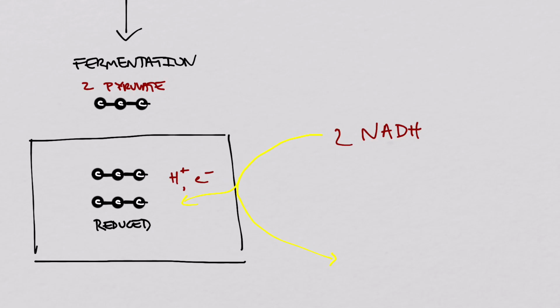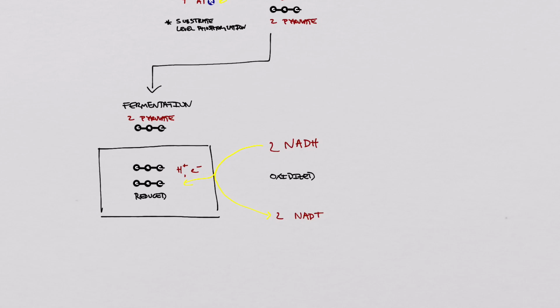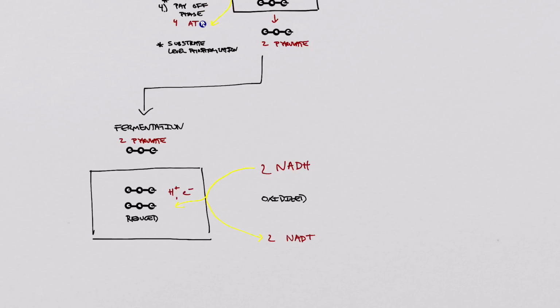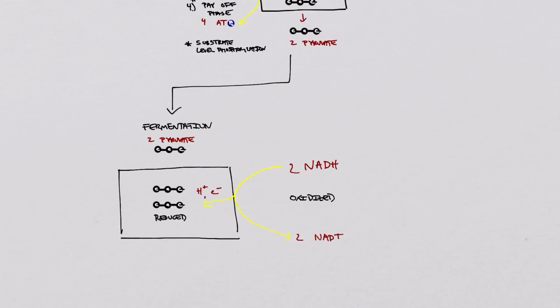And this NADH is oxidized. Remember, if you lose electrons, you're oxidized. If you gain electrons, you're reduced. And out pops 2 NAD+. So now we've freed up this NAD+ to jump into this reaction again.